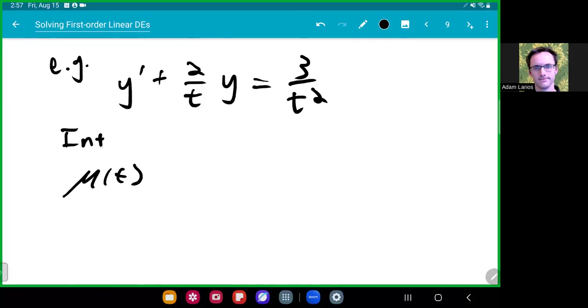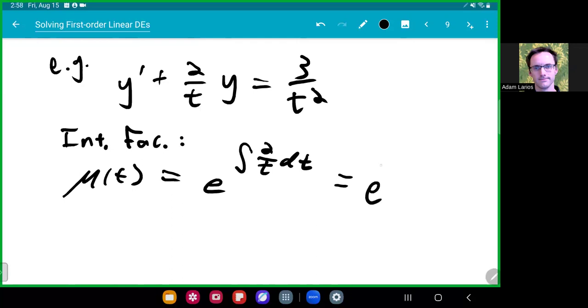So the integrating factor, we choose to be e to the integral of 2 over t dt, like that. All right, well, what is the integral of 2 over t? We just want an antiderivative here. So that's natural log of t. Now, it's 2 times natural log of t.